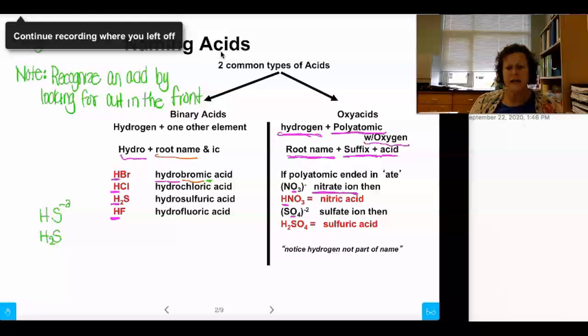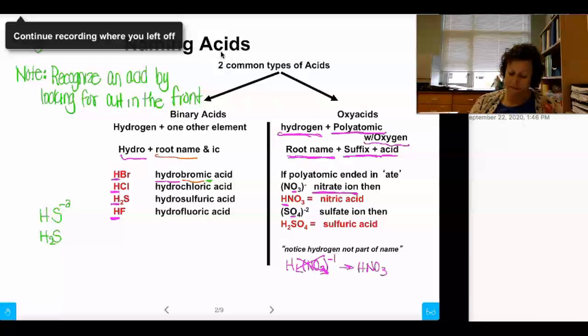The nitrate ion has an oxidation number of -1. So you would say H +1, NO3 -1, crisscross. That's how you write it, and you get HNO3.